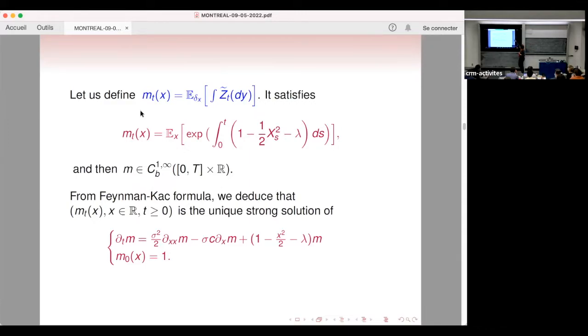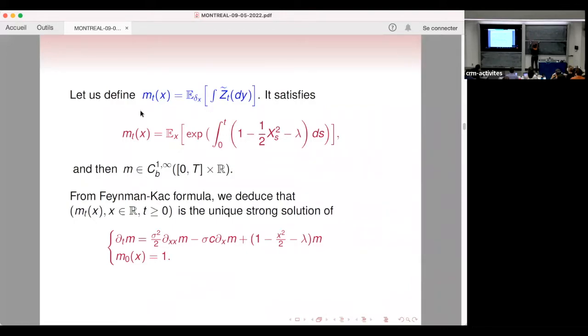So you can write explicitly the density and so on, and prove that m is very smooth. Okay. And also from the Feynman-Kac formula, we can prove that m t of x for x in R and t positive is the unique strong solution of this equation, which is the dual of this one. Okay, that's very standard.